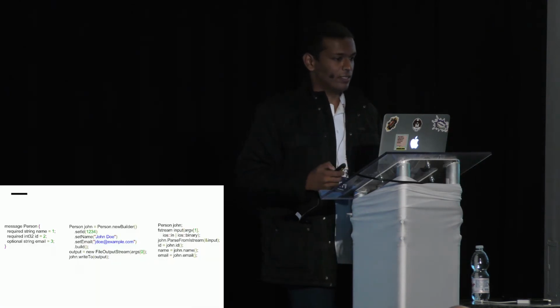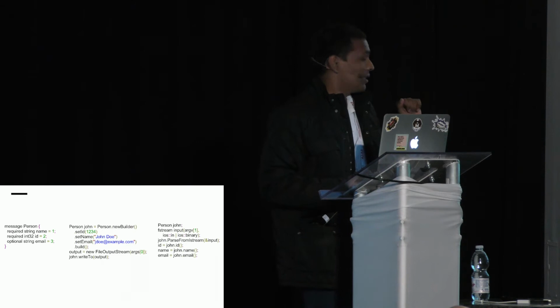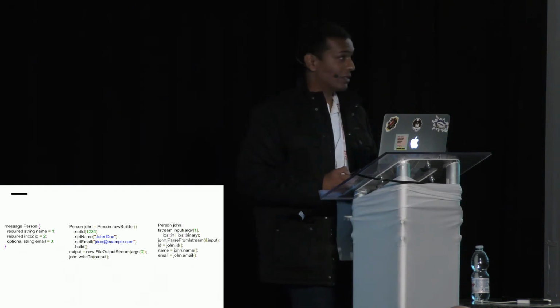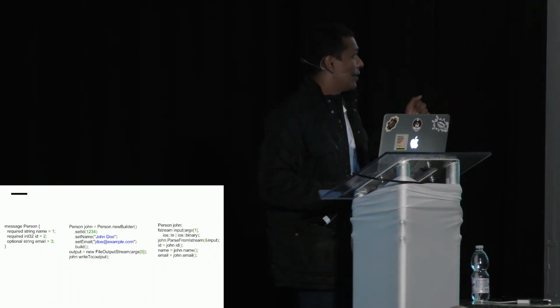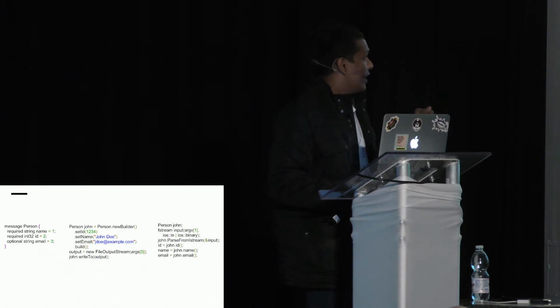So this is a simple example of a message written in protocol buffers. Pretty easy to understand. It's almost like written English language. There's just a name-value pair. So let's just say required string name = 1. So the name would be name, and the value would be 1.